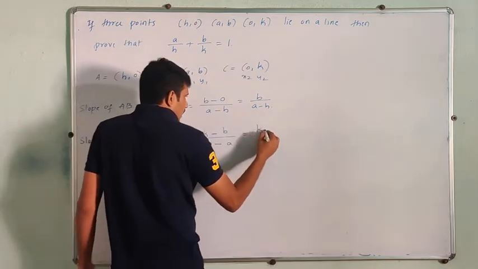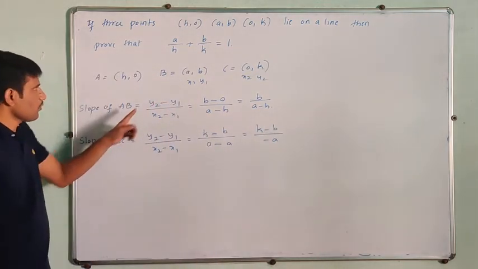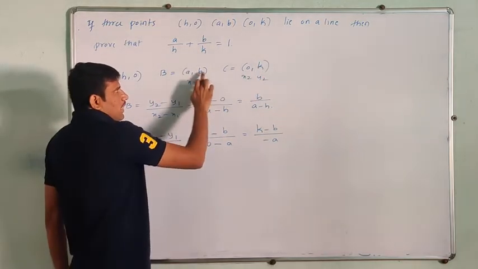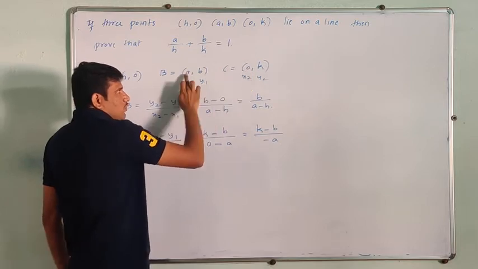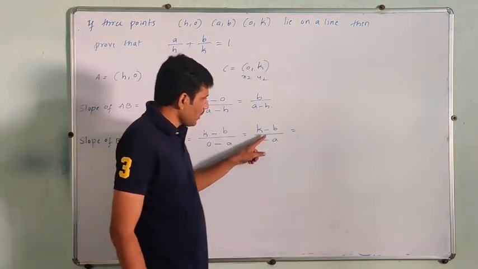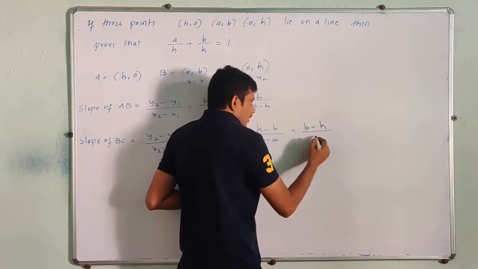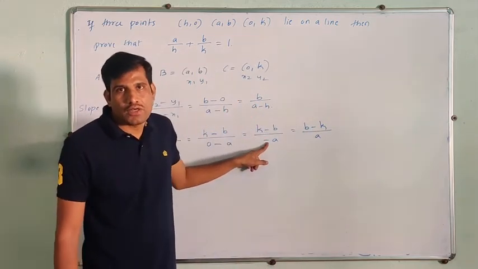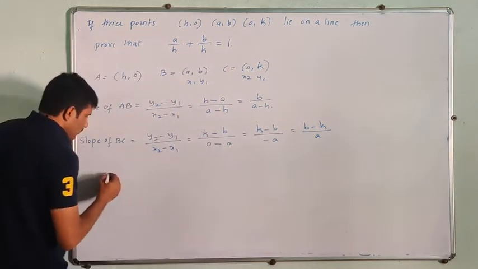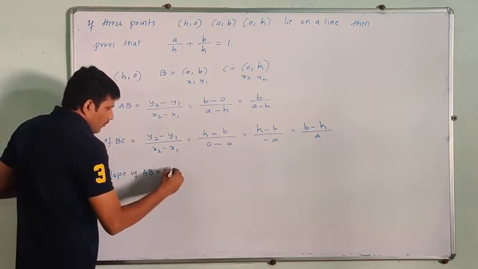So that is k minus b divided by minus a. Now we can multiply this minus to the numerator. If we multiply minus to the numerator, k minus b will become b minus k divided by a. Now we can use the relation that slope of AB is equal to slope of BC.